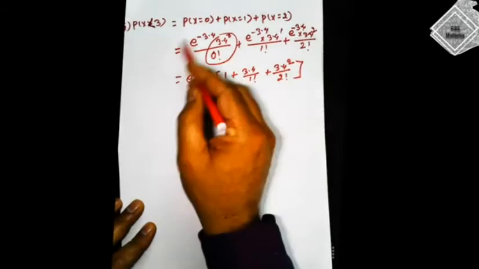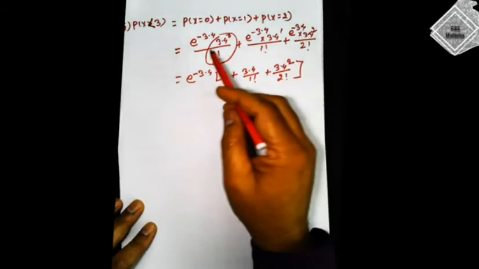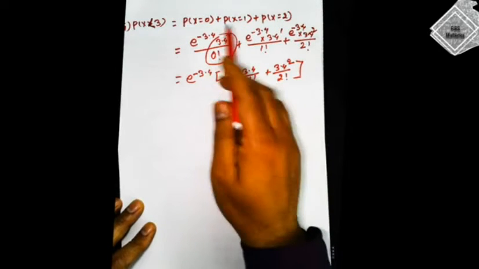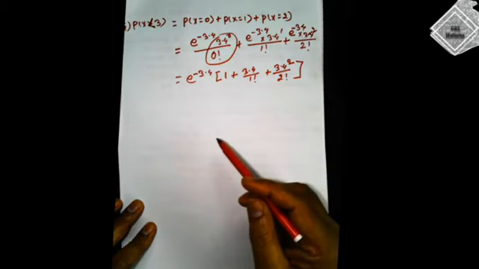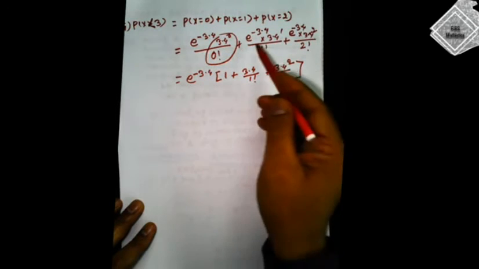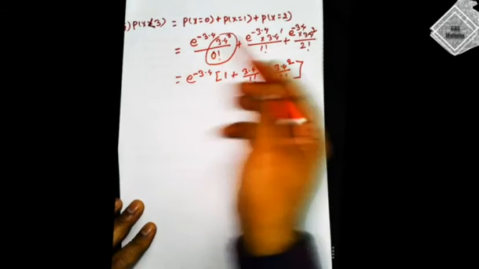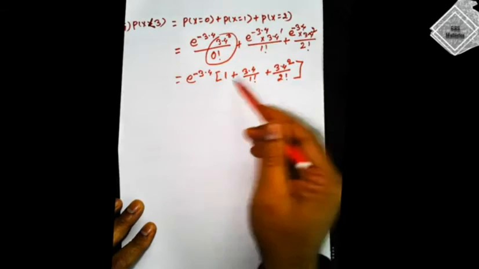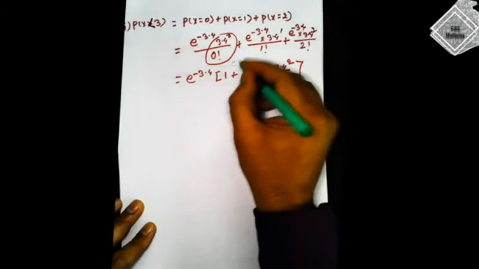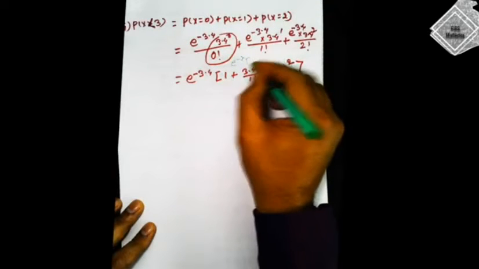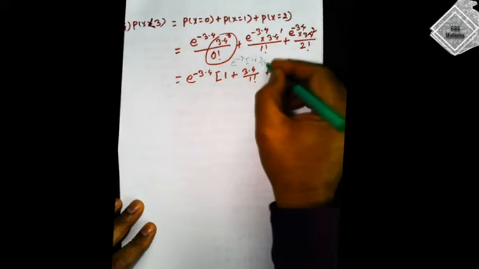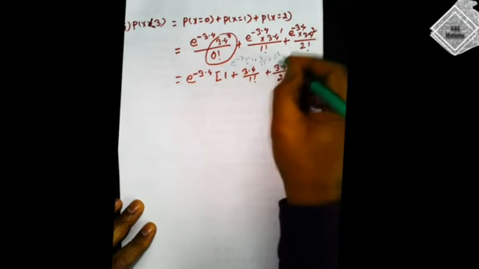I have added this step in order to let you understand how we apply the Poisson formula to this situation. But once you become used to it, you don't need to write this step. If you take out e to the power negative lambda, it's going to be 1 plus lambda over 1 factorial, then lambda squared over 2 factorial.